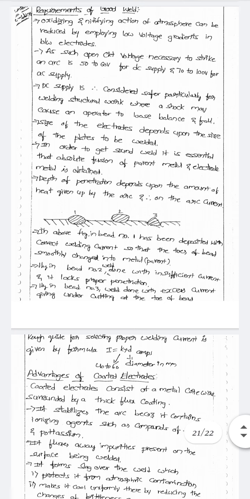And the next one is the requirements of a good weld. Oxidation and the harmful action of the atmosphere can be reduced by employing a low voltage between the electrodes. The open circuit voltage necessary to strike an arc is 50 to 60 volts for DC supply, whereas for AC it is 70 to 100 volts.